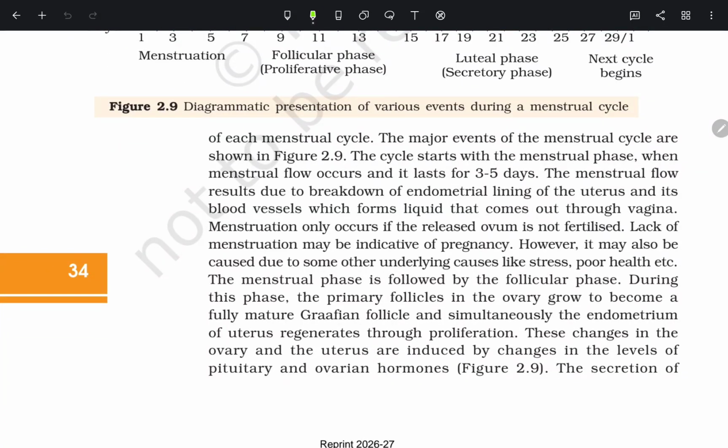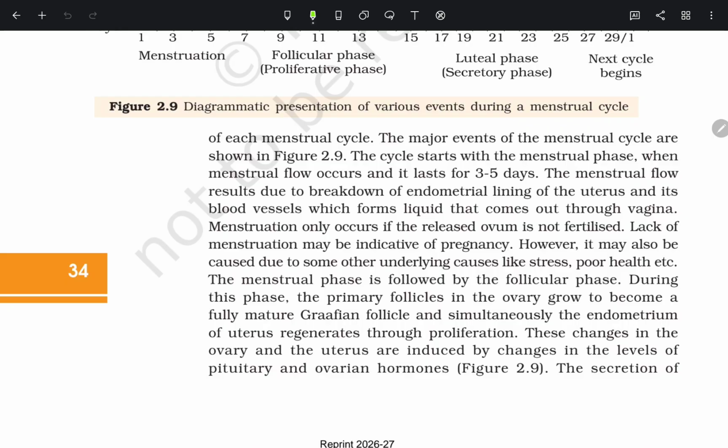The cycle starts with the menstrual phase, when menstrual flow occurs, and it lasts for 3 to 5 days. The menstrual flow results from the breakdown of the endometrial lining of the uterus and its blood vessels, which form a liquid that comes out through the vagina.